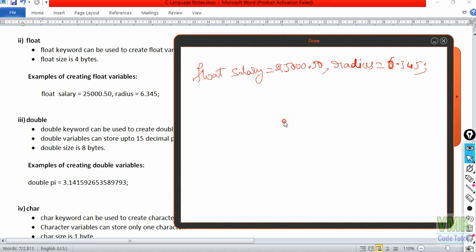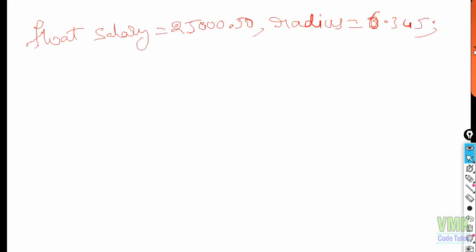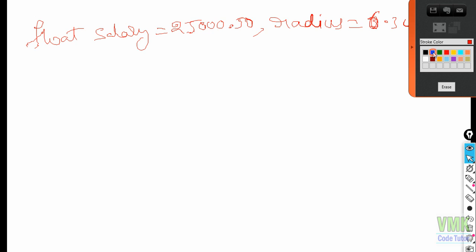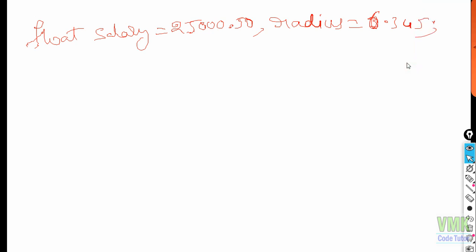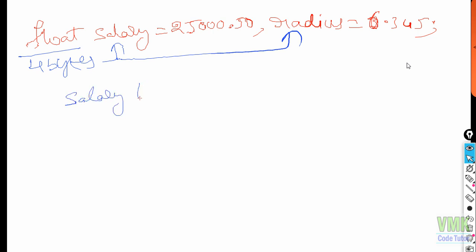Now what is the size of this particular variable? Float is also 4 bytes. Now 4 bytes of memory is allotted to the salary as well as the radius. Therefore, salary is going to occupy 4 bytes in the memory like this.